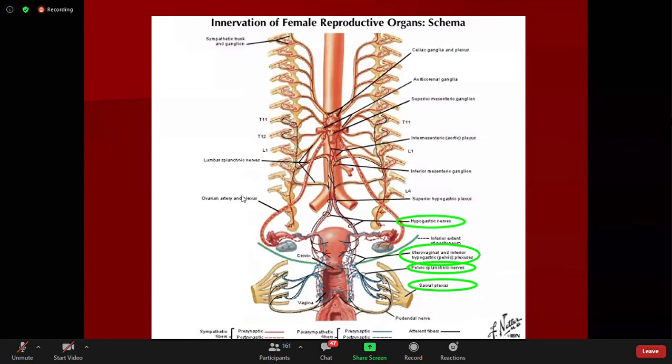For example, the upper part of the uterus, or the intraperitoneal part of the uterus, which is basically down to the cervix, internal os, is supplied by sympathetic fibers. Sympathetic fibers will come from T11 and T12.